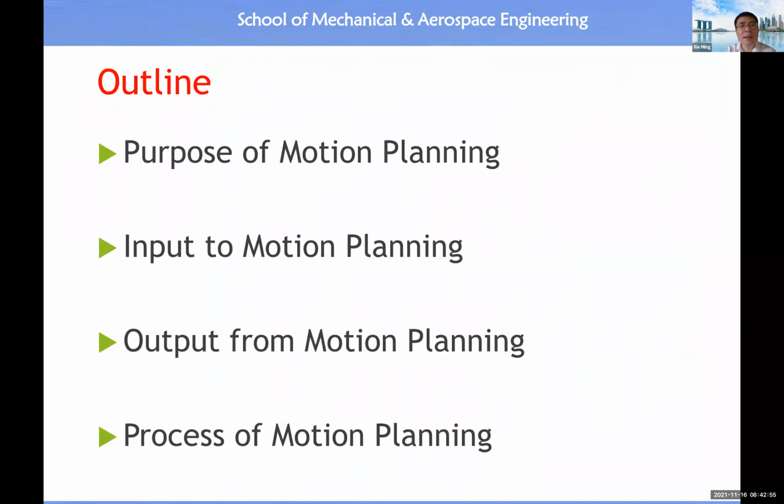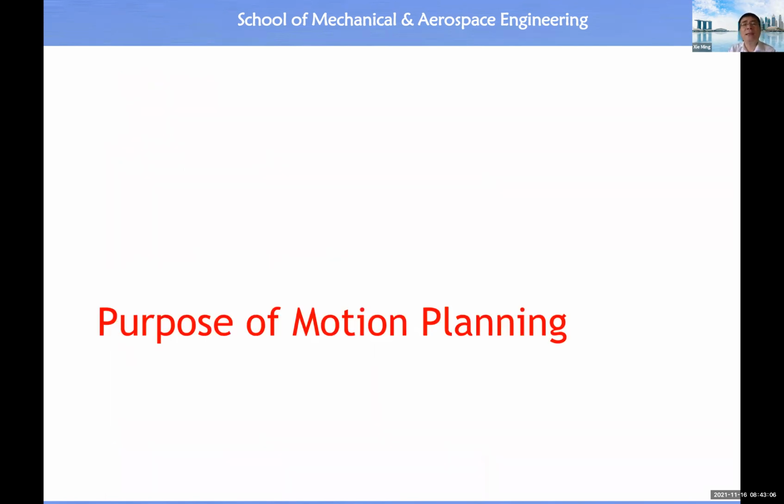Now we enter the study of lecture 3 of module 1, and the title is motion planning. Then the first question you may have in mind is, what is the purpose of doing motion planning?